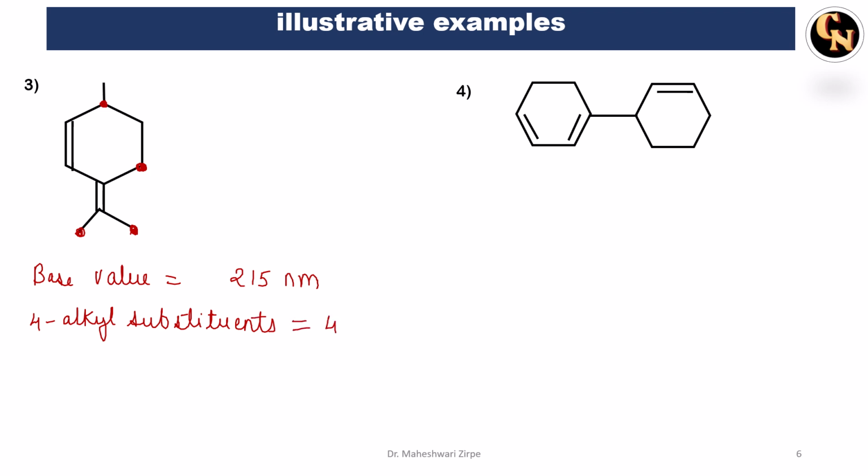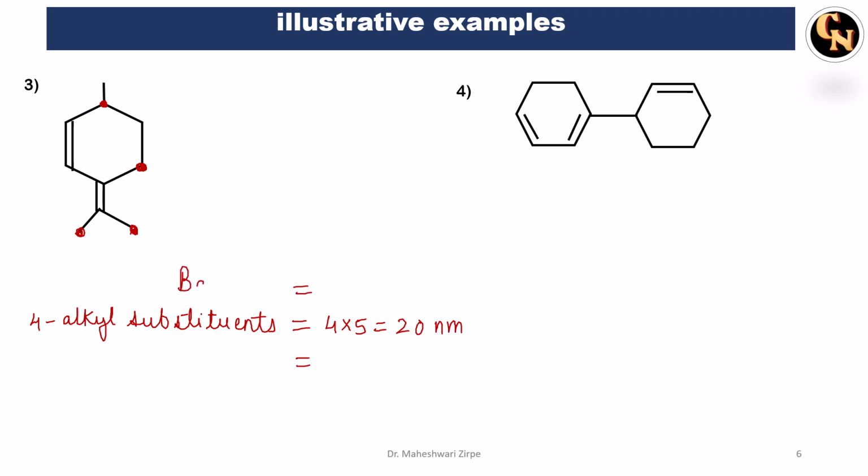So 4 into 5 is 20 nanometers. I'll write it down one below the others so that we can have it while calculating.